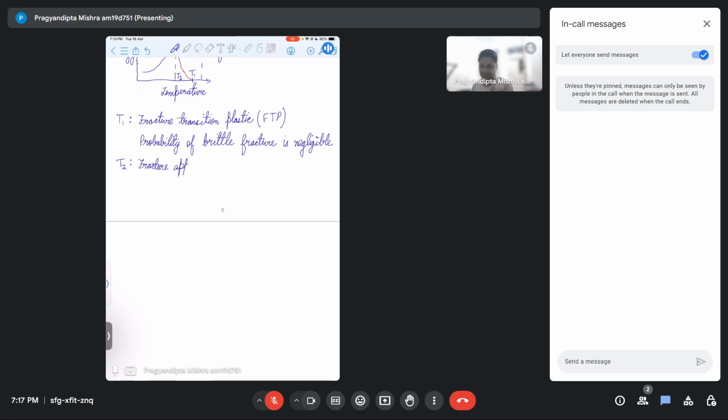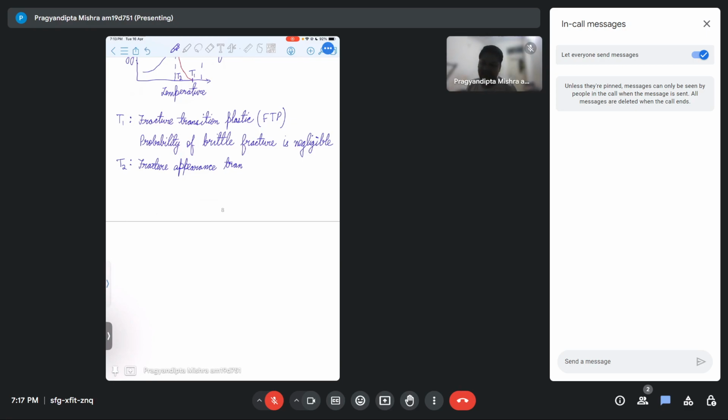So this T4 is a very important parameter. This is something that we can take a note of. DTT at 20 joules.